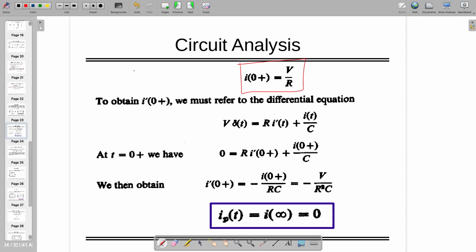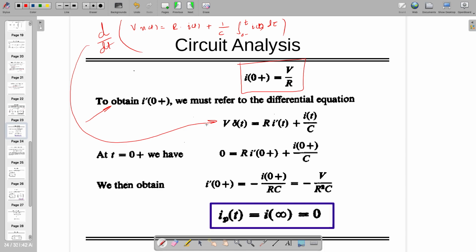When you are doing this, if you are taking the derivative of the previous equation, which was v u of t plus r I of t plus 1 by c integration from 0 minus to t I of tau d tau, right? Then when I take the derivative, I get v delta of t.